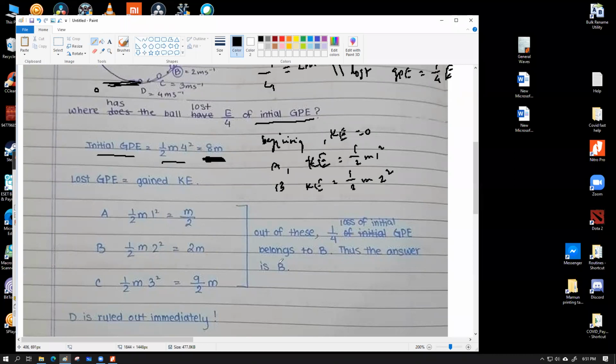Sir, can I ask a question? Yeah, sure. Sir, can I ask why at D, the kinetic energy is equal to initial GP? Because of the curvature of the track, which was not written in this question, but I told you in words that this is a semicircular track, which means the lowest point is the bottom of the curve.